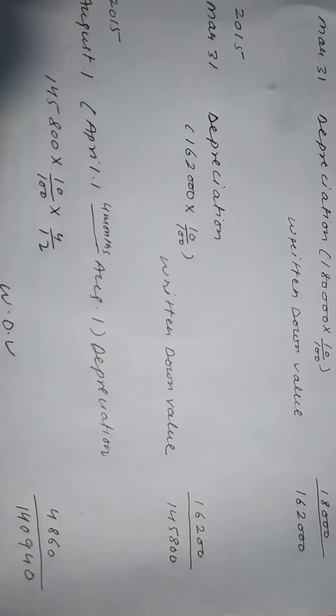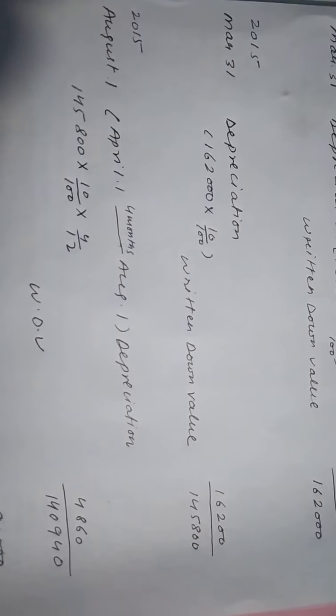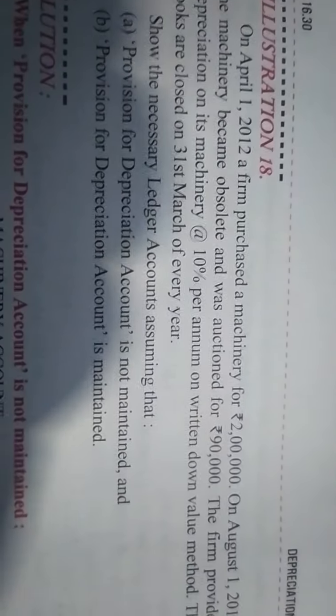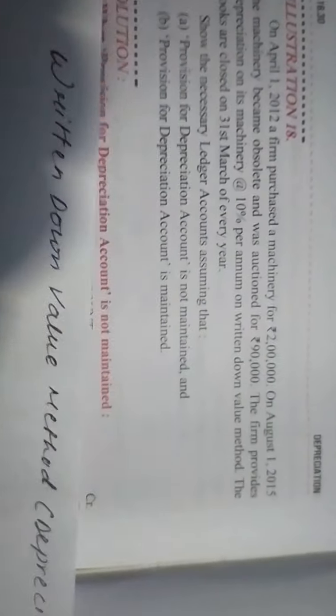For 4 months, the depreciation will be 1,45,800 multiplied by 10% multiplied by 4 upon 12, that is, out of 12 months, only 4 months' depreciation will be charged. It will be 4,860. The written down value so obtained will be 1,40,940.